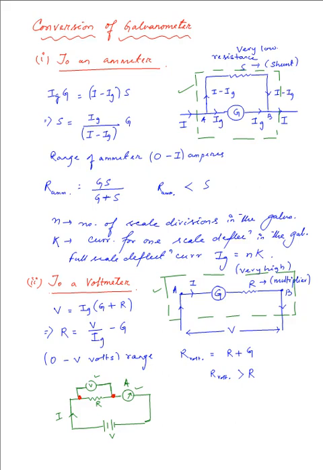So almost 99 percent or more of the current passes through the resistance R that has been provided in the circuit right from the very beginning.